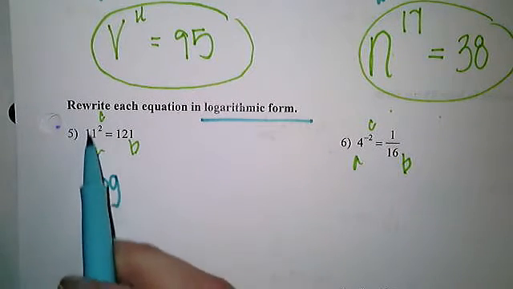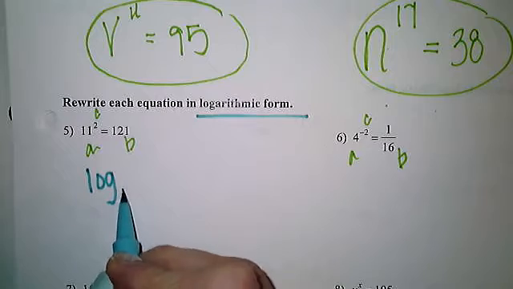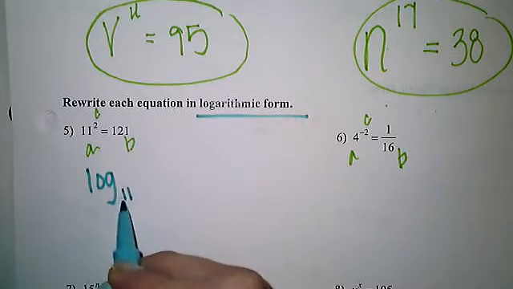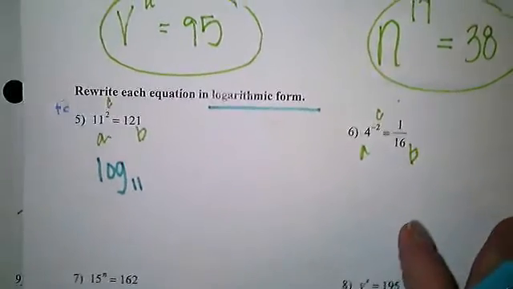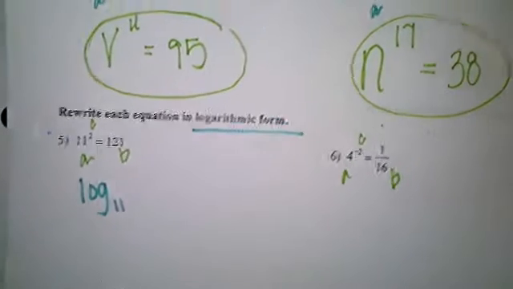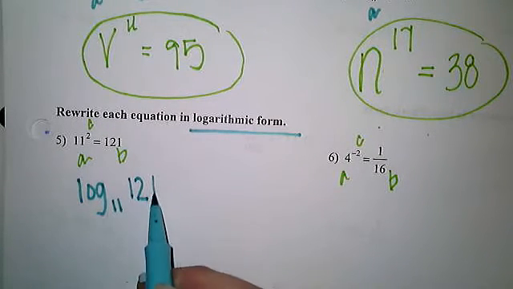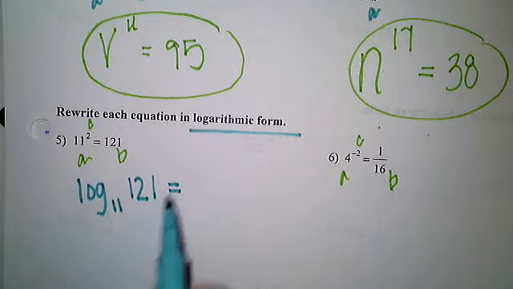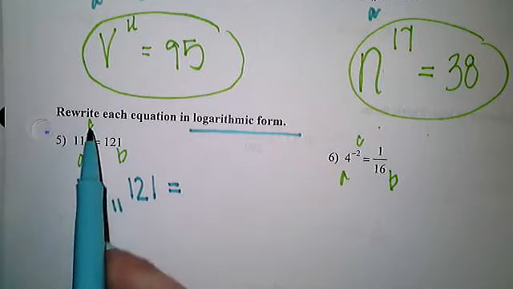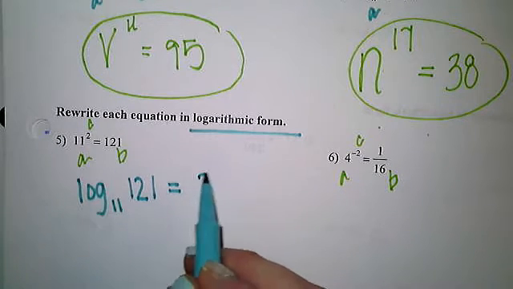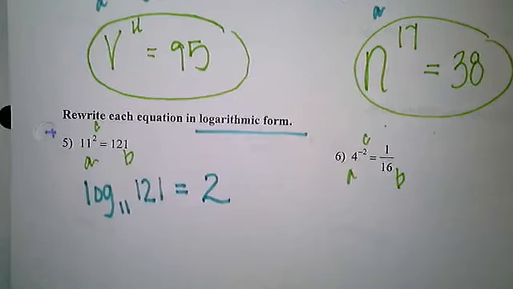The A, which is the 11, still comes first, but it's a tinier 11, kind of in the corner of that G. The B goes next, and it's a bigger number, equals, and then whatever your exponent is, writing it nice and big.